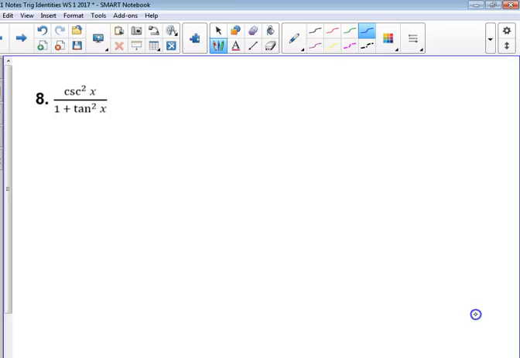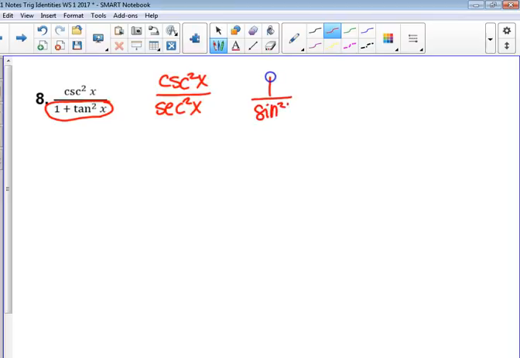All right, what do we have? 8? Okay. What is 1 plus tangent squared? So then I have a cosecant squared over a secant squared. Let's write that out. 1 over sine squared is being divided by what's secant squared? So I took the top and wrote it as divided by the bottom.